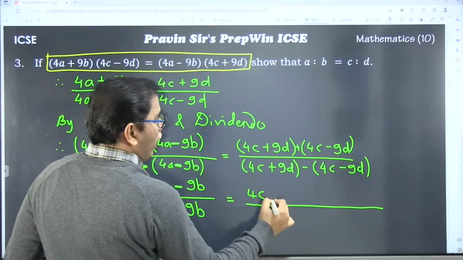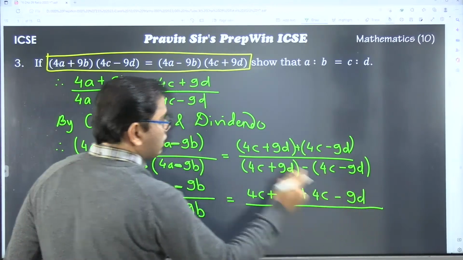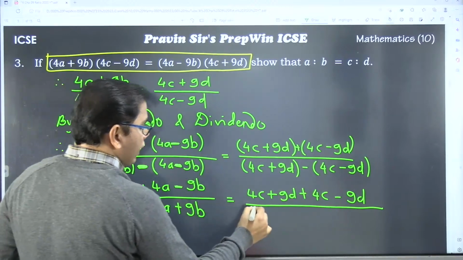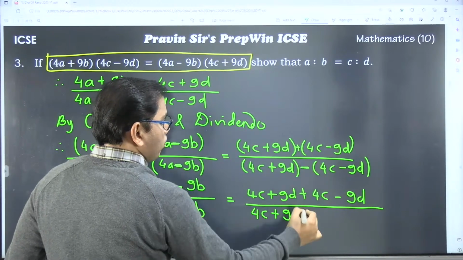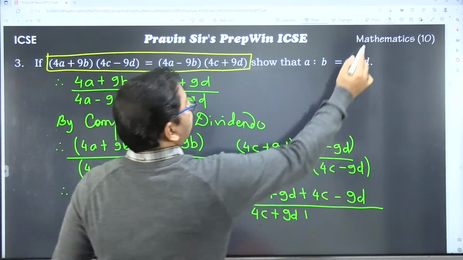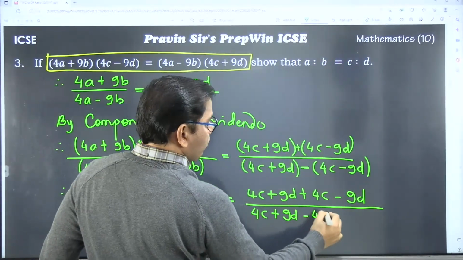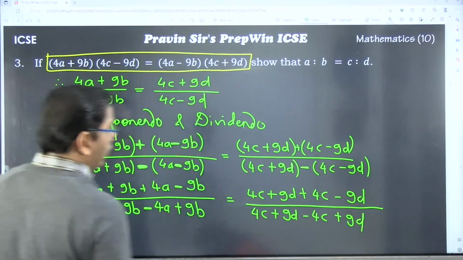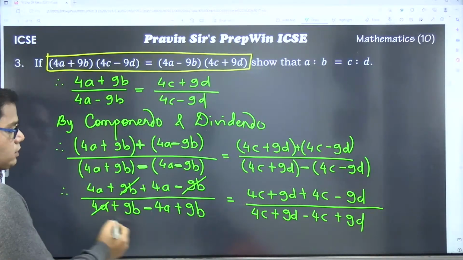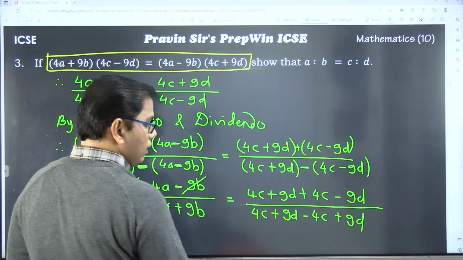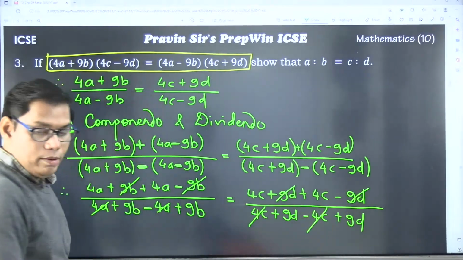Same thing here: with a plus sign, no change in sign, but with the minus sign, plus 4c will become minus 4c, and minus 9d will become plus 9d. Look here carefully now. Minus 9b and plus 9b get cancelled. Plus 4a and minus 4a get cancelled. Here plus 9d and minus 9d, plus 4c and minus 4c cancel as well.